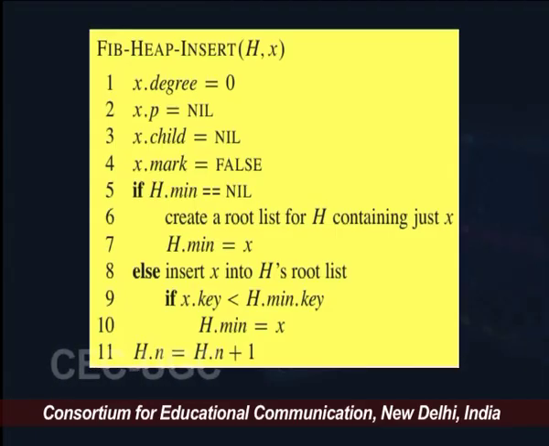And finally, as we have added one more tree, h dot n equals h dot n plus 1. That means we are incrementing the total number of nodes when we have inserted a new node containing x.